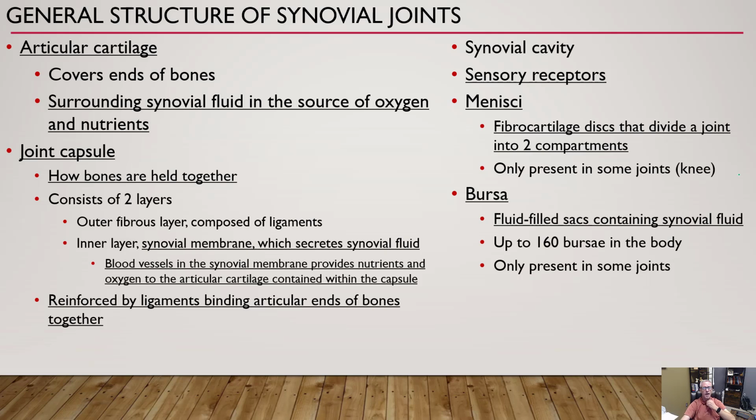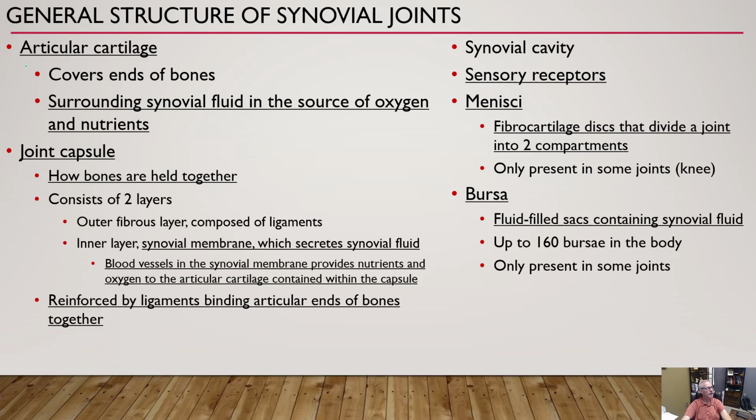All right, so remember that. This is a general structure of a synovial joint. Not all synovial joints have this type of structure, but I'm including it here because this is more like the knee joint.